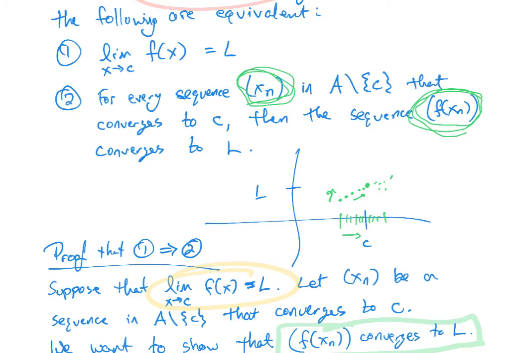So for that direction, we say, suppose the limit is not equal to L. We've already negated the definition of a limit before, then you use that to construct a sequence of xn's that do converge to C, but such that the function values do not converge to L.